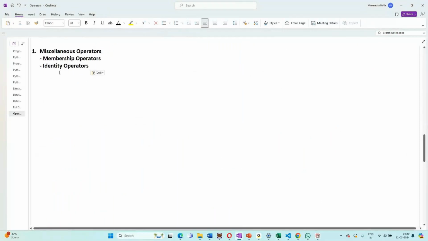Under the miscellaneous operators, you have the membership operators as well as the identity operators. So what are membership operators?